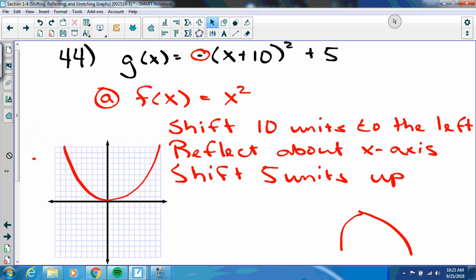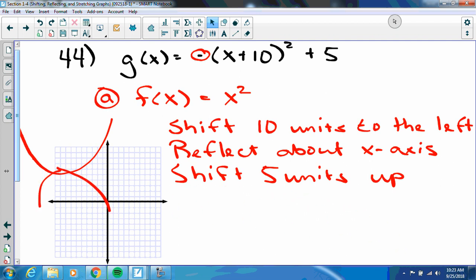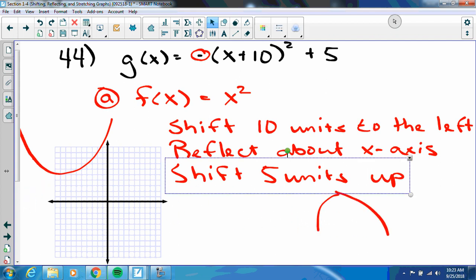First I moved it 10 to the left, right? And then I move it 5 units up. And then I flip it. Did it change it? What happens if I flip this about the x-axis?